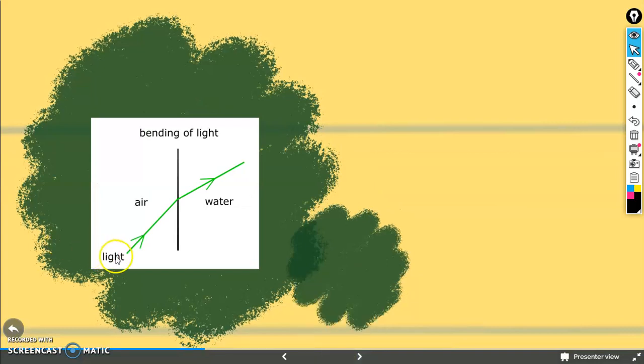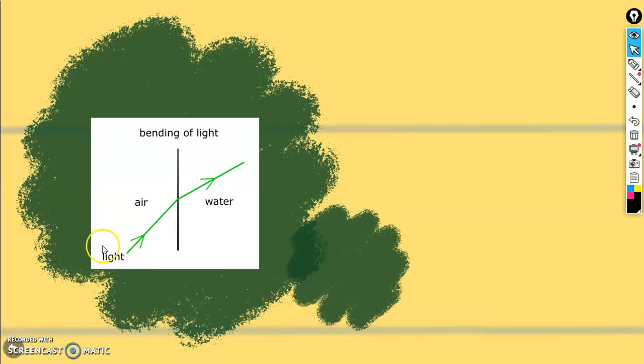The same thing here. The light ray will travel through the air at a fast speed, then it will change its speed once it travels through the water, so it will change direction. Light ray travels through air at a specific speed, it is fast, when light moves through air.